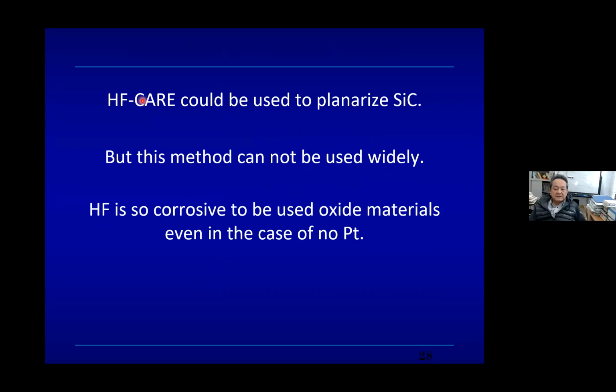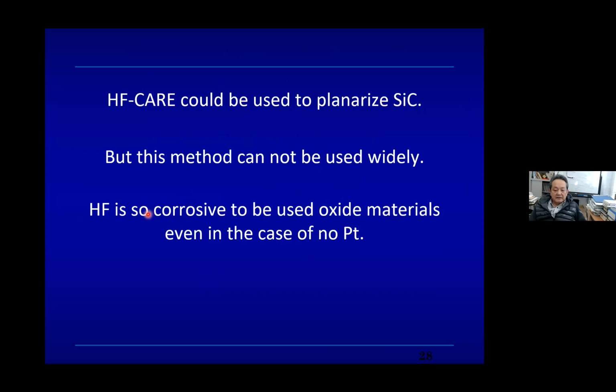So the HF could be used to planarize the silicon carbide surface. But I already mentioned this method cannot be used widely because HF is very corrosive, and so corrosive to oxide materials and so on, even in the case of no PT.